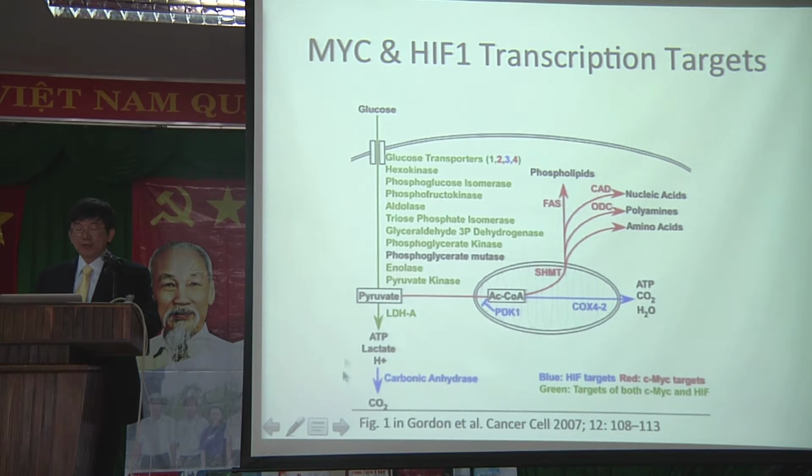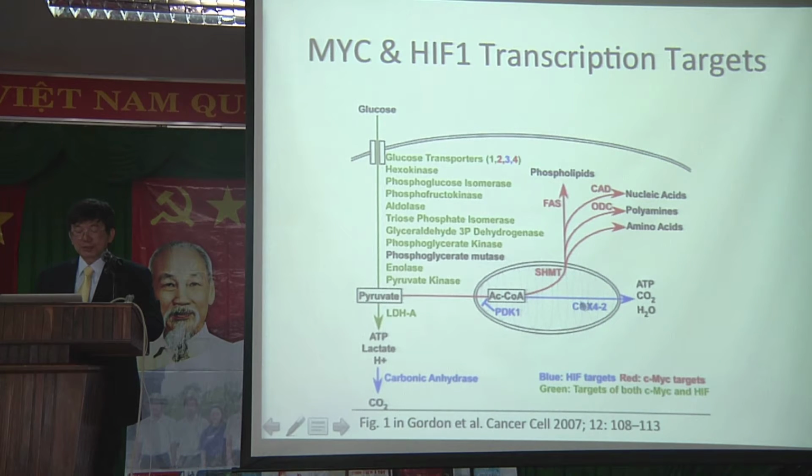In this slide, I emphasize the difference between HIF and MYC. The blue ones are HIF targets only, and that is carbonic anhydrase and PDK1. Well, actually, PDK1 in this figure from this paper probably predates the other paper that was published, which showed that PDK1 is in fact regulated by MYC too.